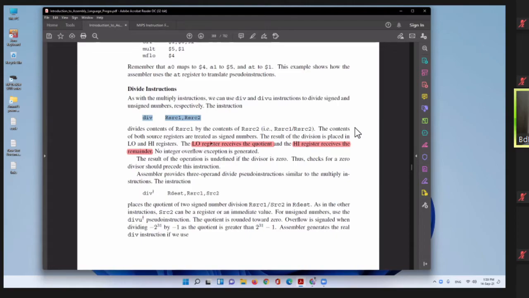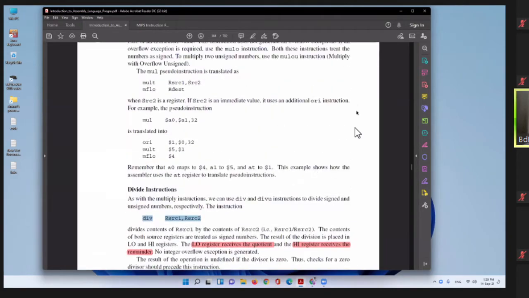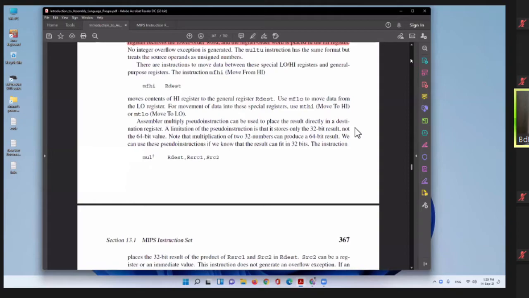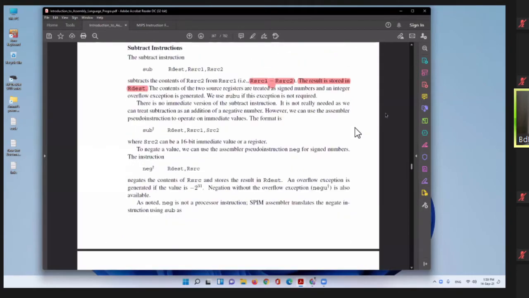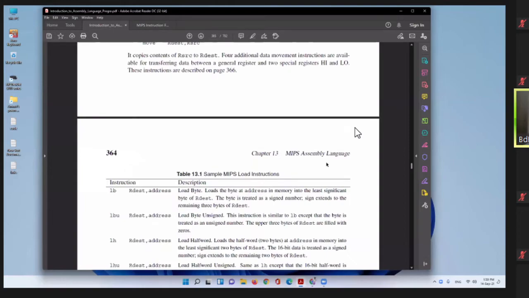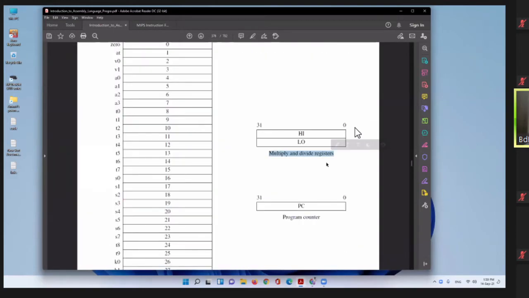Same way, whenever you do the division, the LO register receives the quotient value and the HI register receives the remainder value. Do you understand? That's why if you look at the registers previously, they said multiply and divide registers. Although the name of the register is the special purpose register. That is the reason: low and high.